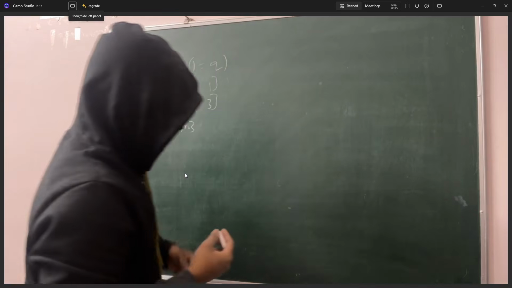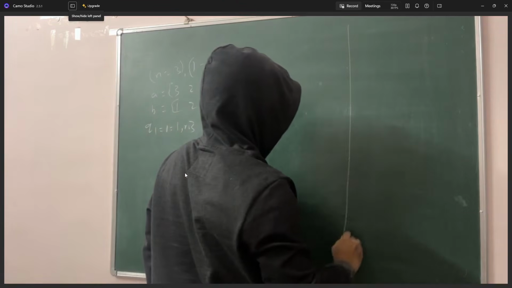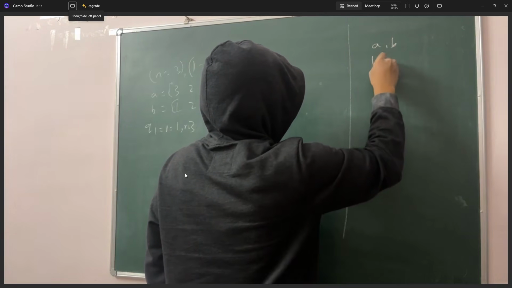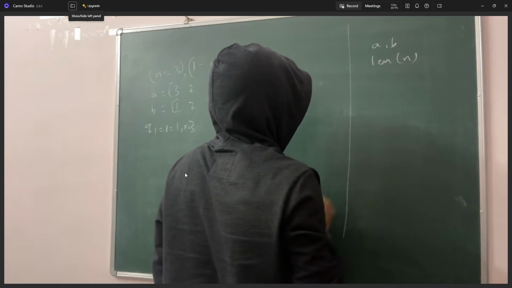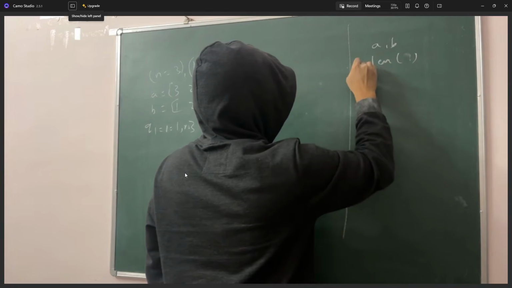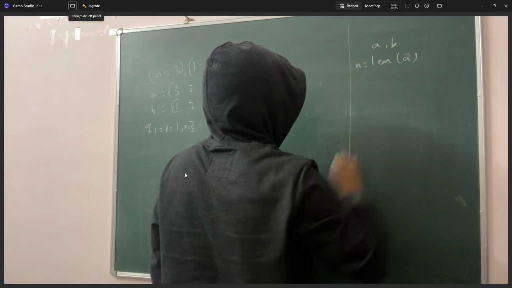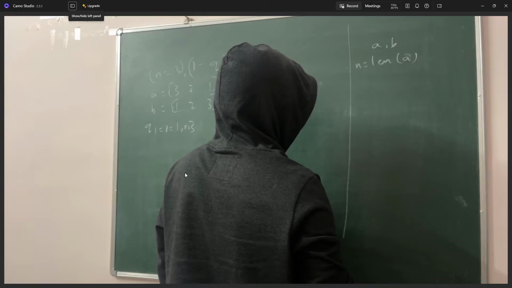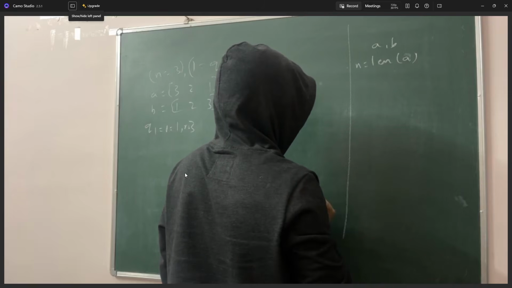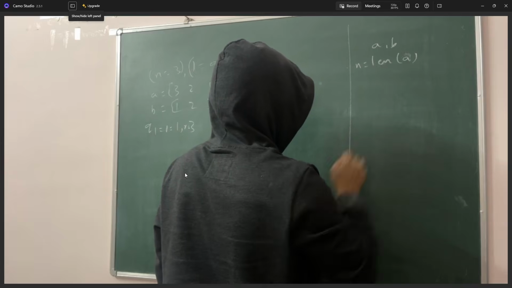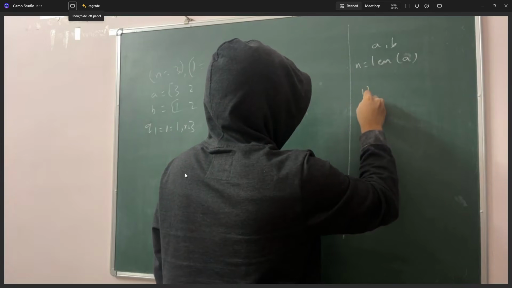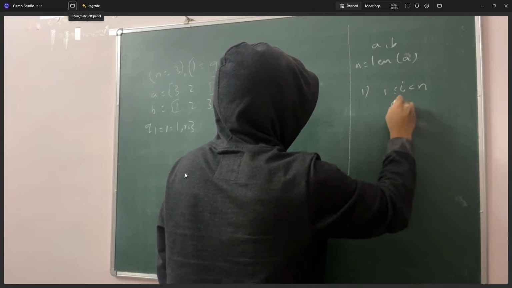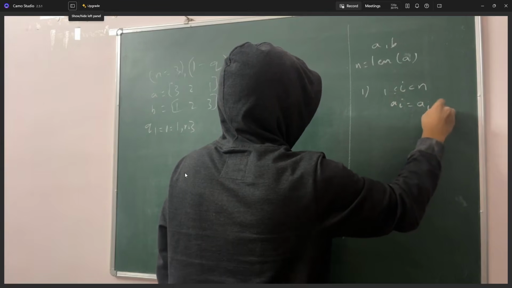So in the question what they've said is that they have given two arrays A and B of length n. Both arrays have the same length. Now we can do two operations. The first operation is we choose an index i from 1 to less than n, and we can make a of i equal to a of i plus 1.